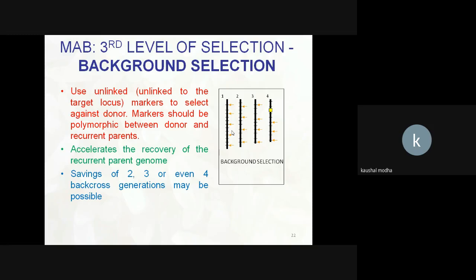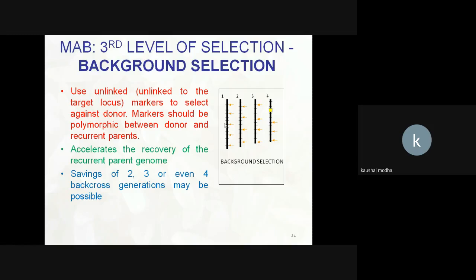We can increase that to 10 per chromosome if cost and time permit. If funding opportunities are available, then we can make it 120. And these 5 or 10 markers you are choosing per chromosome must be equally spaced on the chromosome. 5 doesn't mean that you only focus on the shorter arm. Otherwise, the longer arm may be from donor parent, and that will decrease the recovery from recurrent parent.